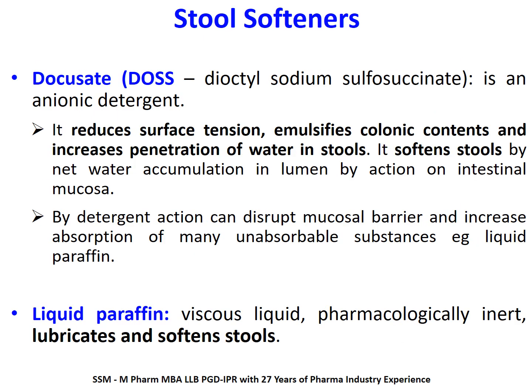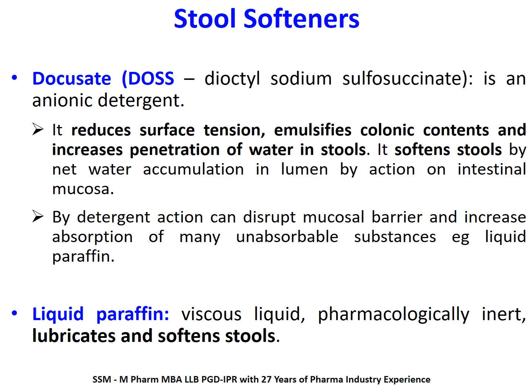Now coming to stool softeners, first example is docusate, which is also called DOSS, dioctyl sodium sulfosuccinate, which is an anionic detergent. It reduces surface tension, emulsifies colonic contents, and increases penetration of water in stool.